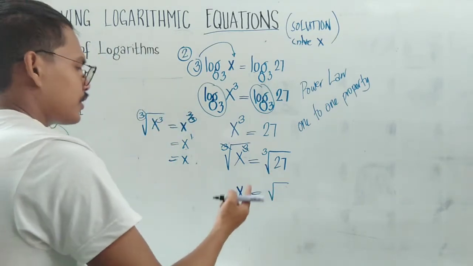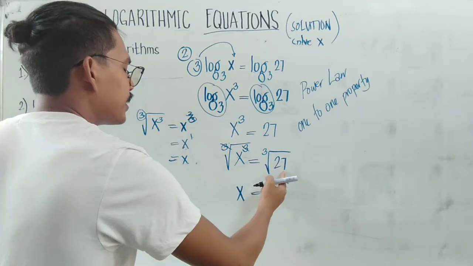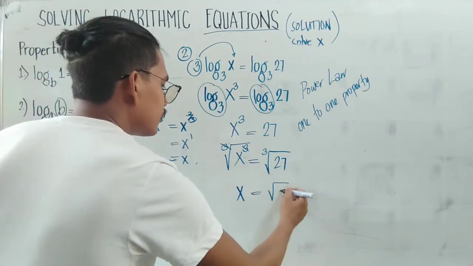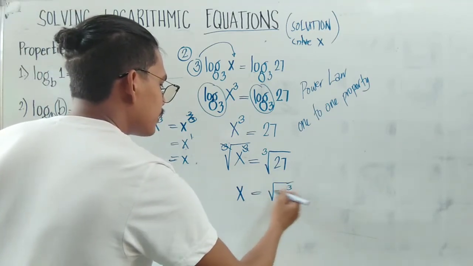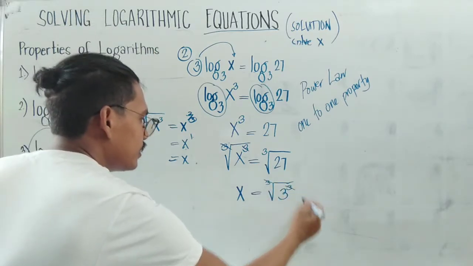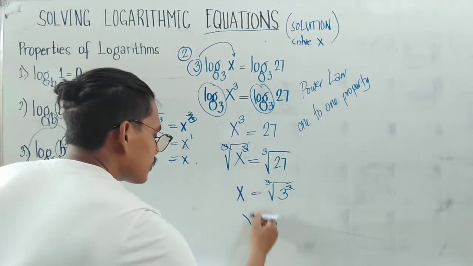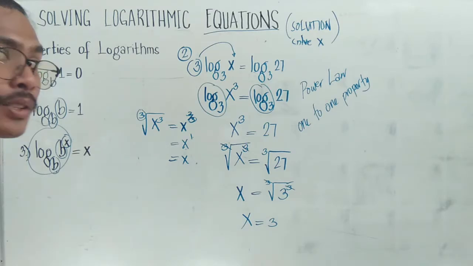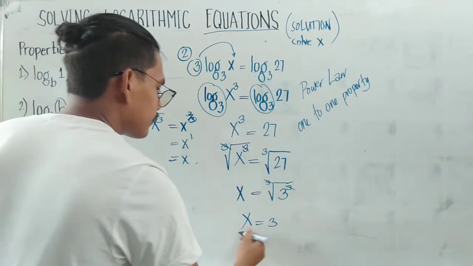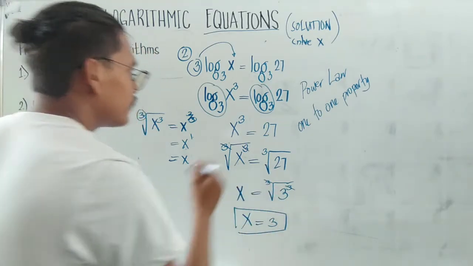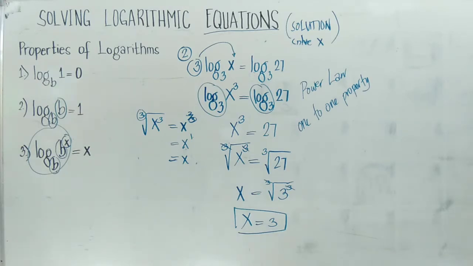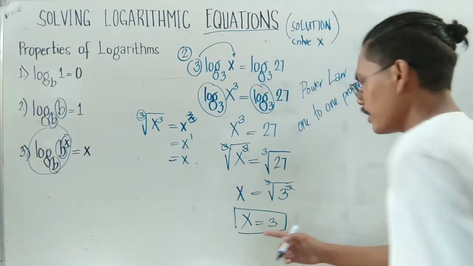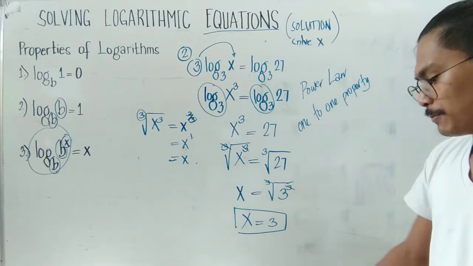You can check using your calculator. The cube root of 27 is 3. So we have extracted the root of 27.